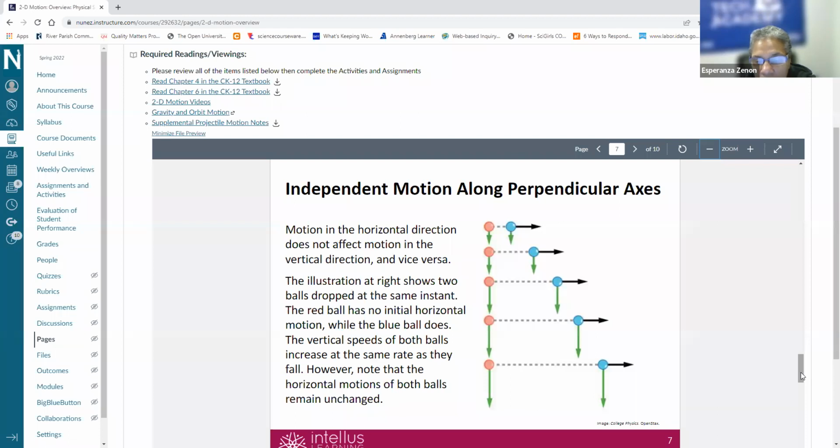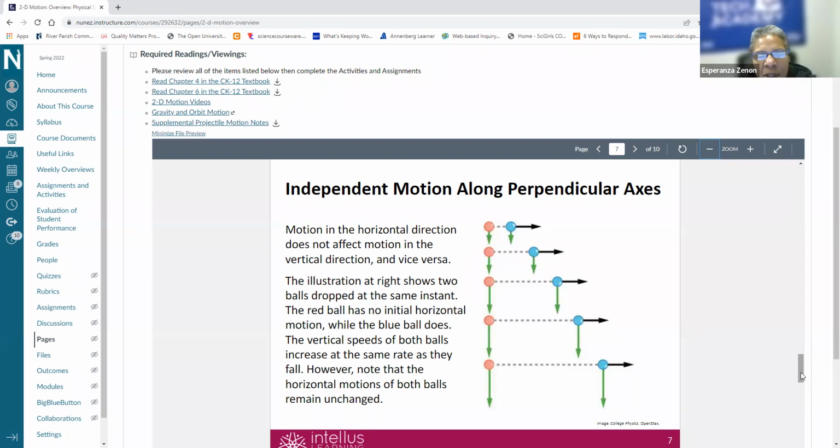Meaning only gravity is controlling the red object because it's being dropped, and only gravity is controlling the blue because, as far as its vertical motion goes, it is also being dropped, if you want to think of it that way. Okay? It's free falling, as far as this illustration shows.